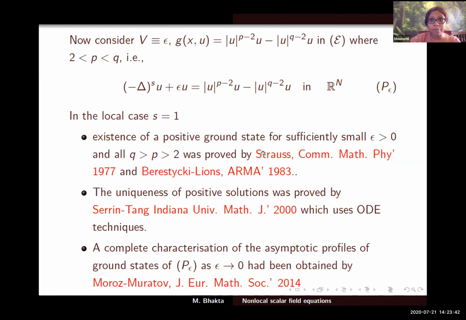After small epsilon, a positive solution does not exist, and one can actually prove that using Pohozaev. Uniqueness of the positive solution was proved by Serrin and Tang when s equal to 1. Again, I'm talking about the local case, using ODE techniques. Complete characterization of the asymptotic profile of the ground state solution as epsilon goes to 0 was studied by Moroz and Muratov in 2014.